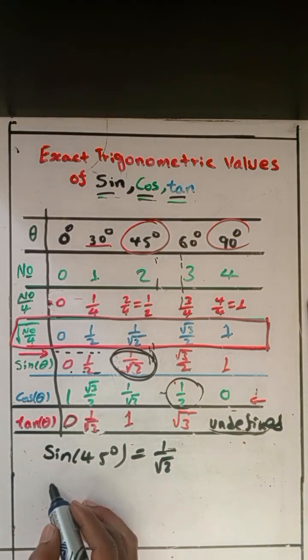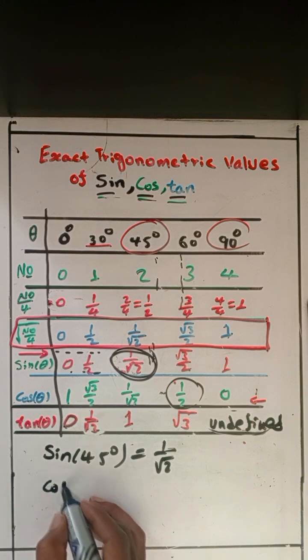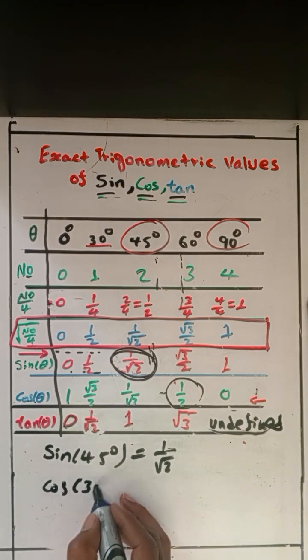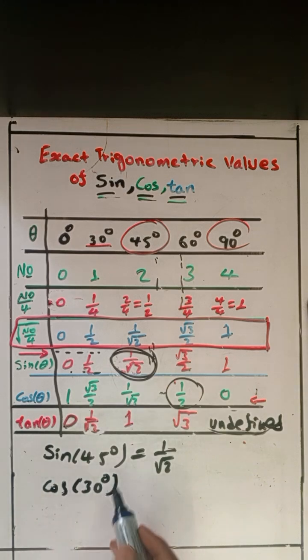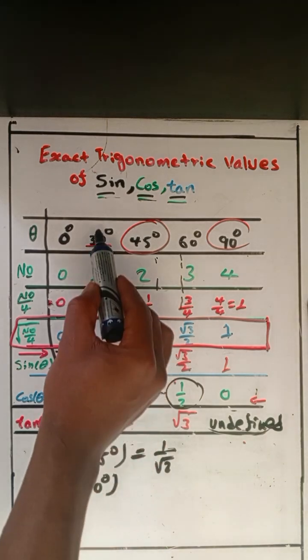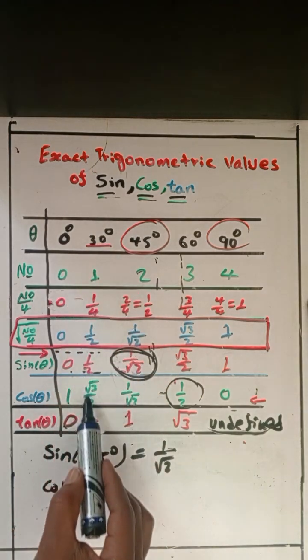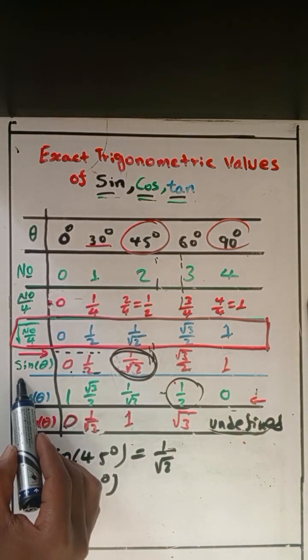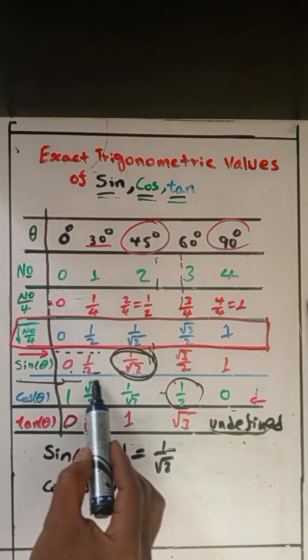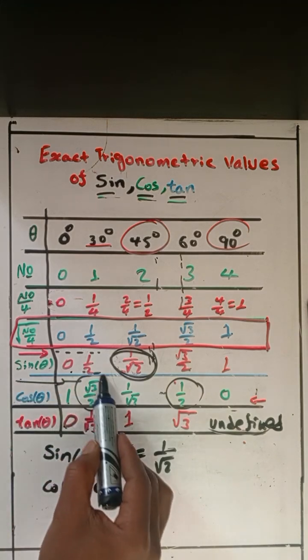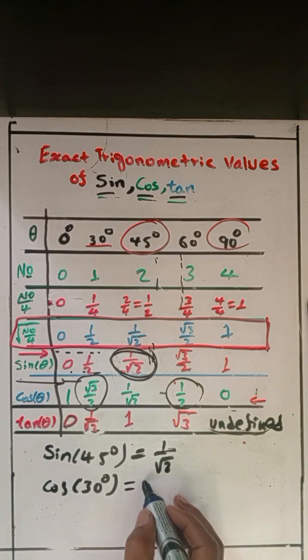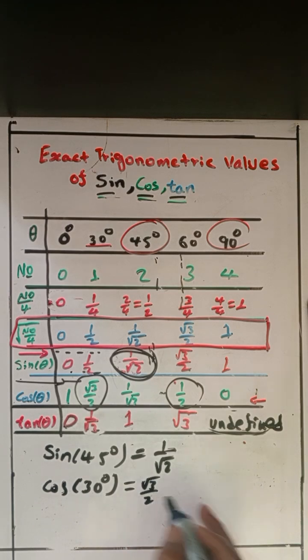Again, if you are asked to find cos 30 degrees, you go to the column for 30 degrees and look at the cos row, where we have the value radical 3 over 2.